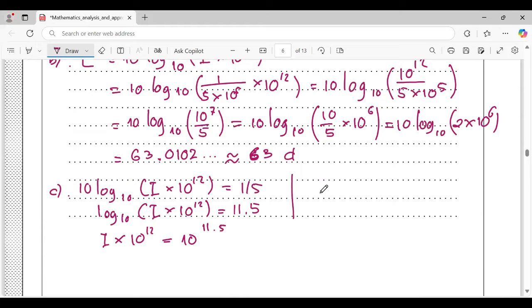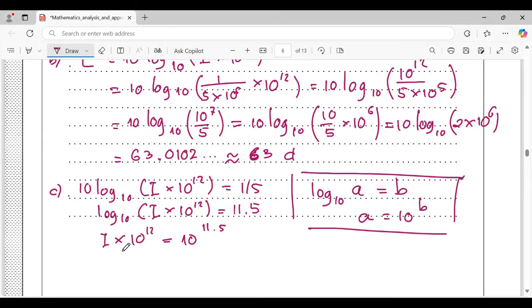The rule says: if log 10 of a equals b, then a equals 10 power b. This is the rule.